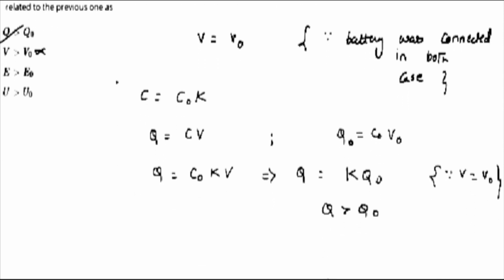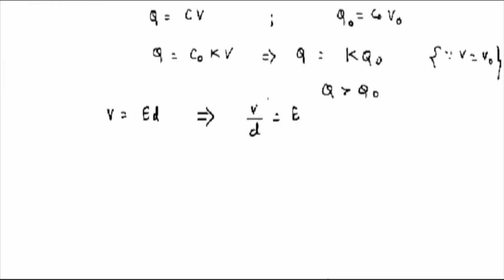Also, we have to develop the relation for the electric field. We know potential is equal to ED. From here we can write potential upon D can be written as E. So since V is constant and the distance between the plates is constant, we can say E is equal to E naught.